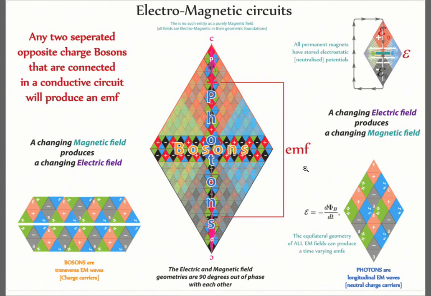The faster you move through this geometry of an EM field or a magnetostatic field, the quicker the change of the electric and magnetic field geometries with respect to each other, and the change of energy momenta within those fields. This gives us our familiar Lorentz force and completely disproves relativity as an explanation for the moving magnet conductor problem.